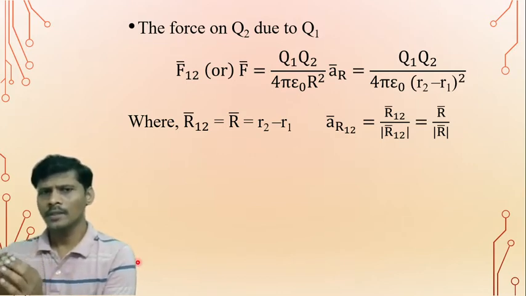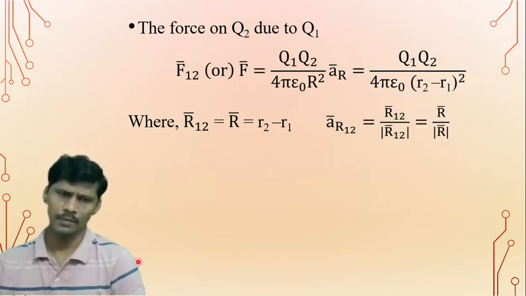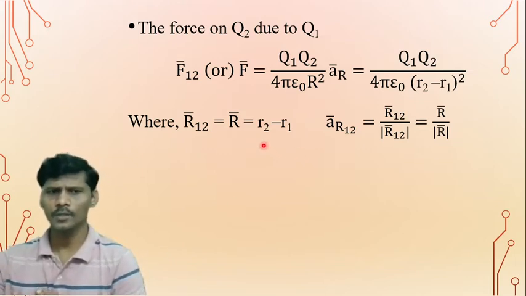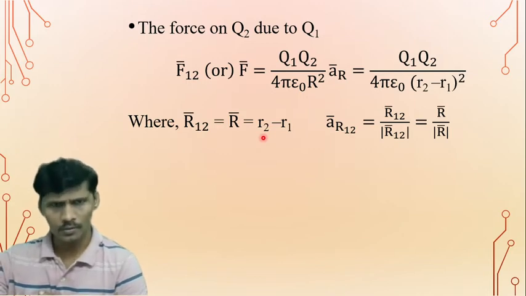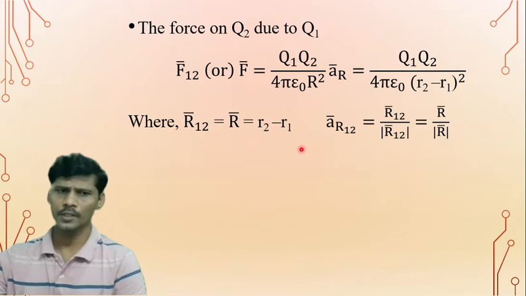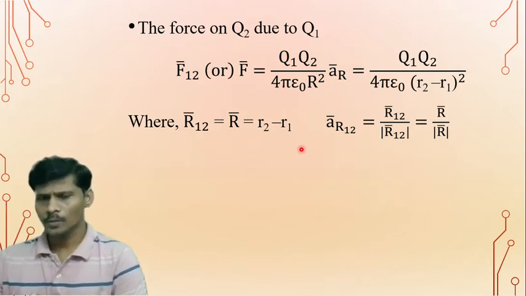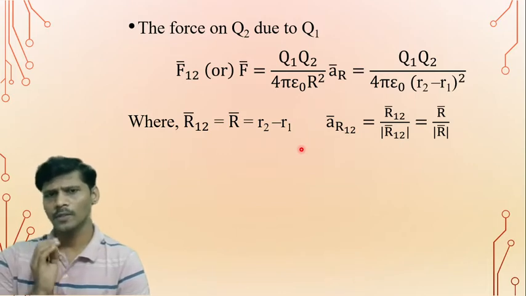Because of that, take the second point charge position vector minus the first point charge position vector. What is the second point charge position vector? Small r2. And what is the first point charge position vector? r1.